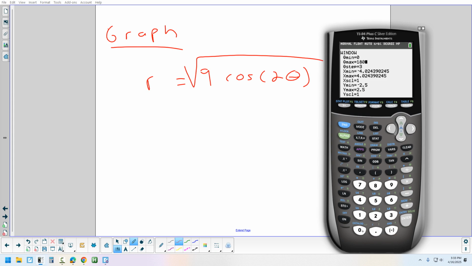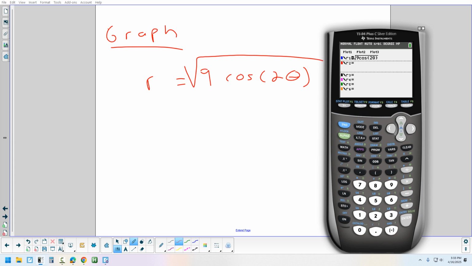Because this problem originally was a square root, and we're not graphing the negative part of the square root, we might not. So let's try it and see what happens. If we go 0 to 180, yep, that's why with the original problem, they also had the negative of that, which, if I put that in, we will then get the full picture.